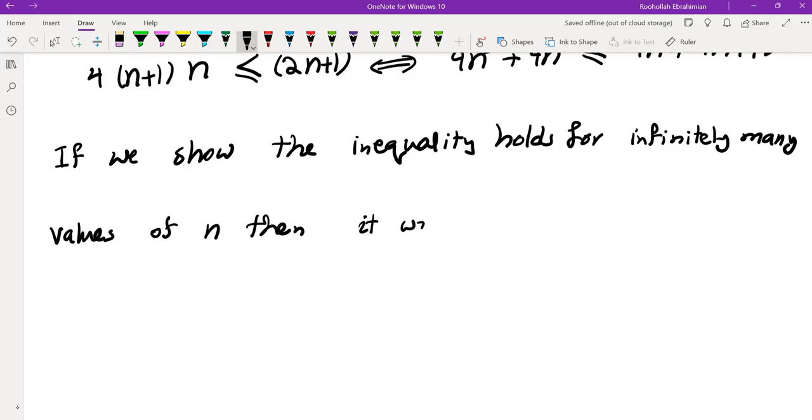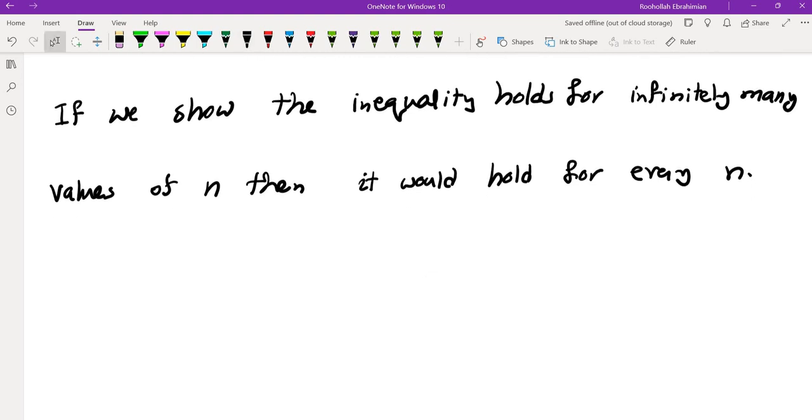Why? Because you can start from a large n where it works and then work backwards. And then everything below that, the inequality also holds.